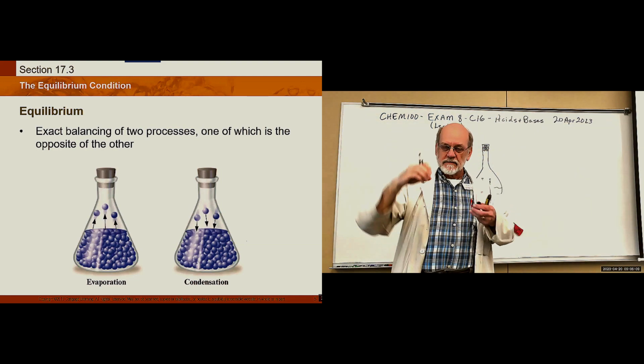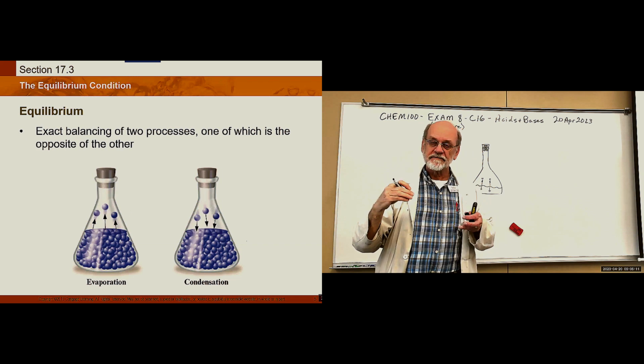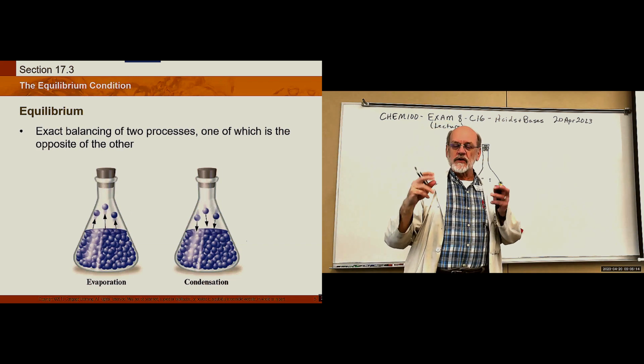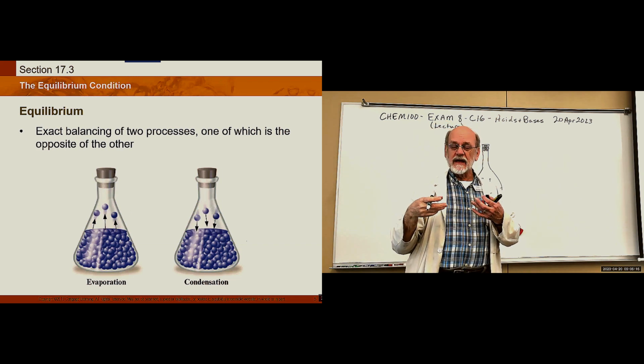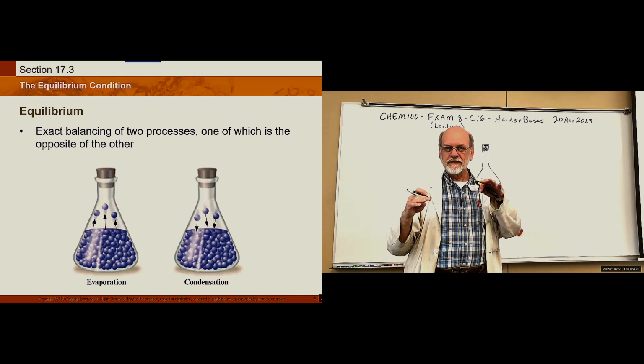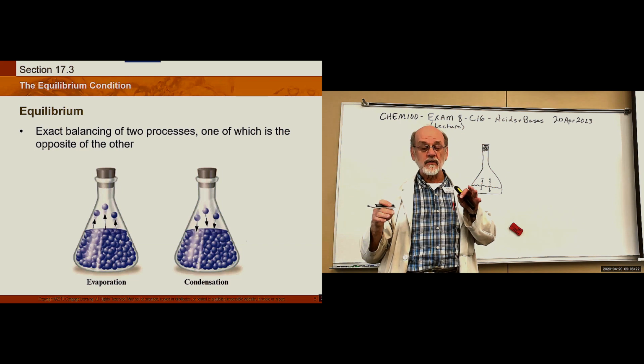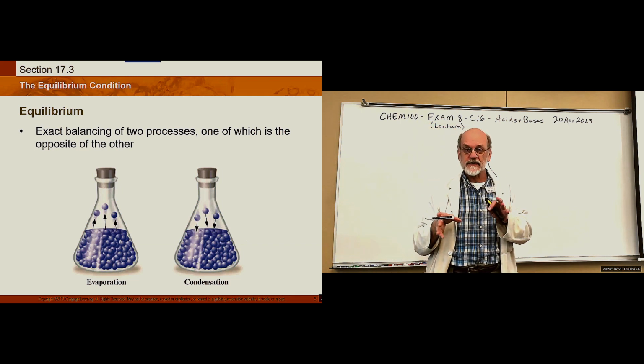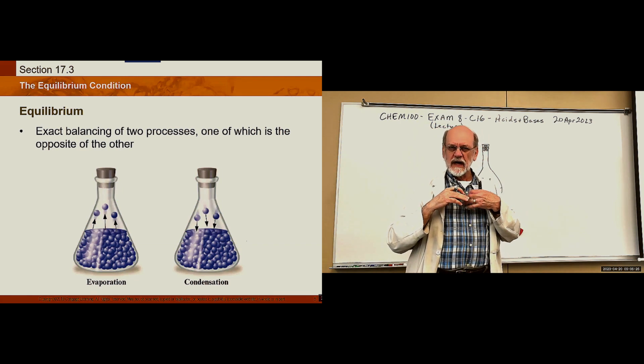When we first stopper that flask, the molecules start to evaporate and go from liquid to gas. Now we're not talking about chemical equilibrium yet. This is purely physical to give you a handle on what equilibrium means.